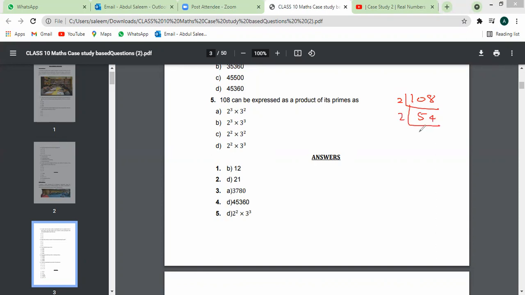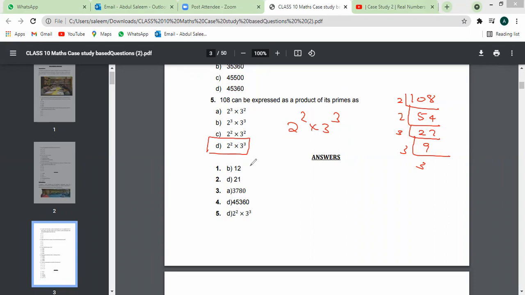Again it is an even number, giving 27. It is an odd number. The sum of the digits 2 and 7 is 9, and 9 is a multiple of 3, so we can divide by 3. It is 9, and again divide by 3. So it is 2 two times and 3 three times. The 108 can be expressed as the product of prime factors, 2 square into 3 cube.